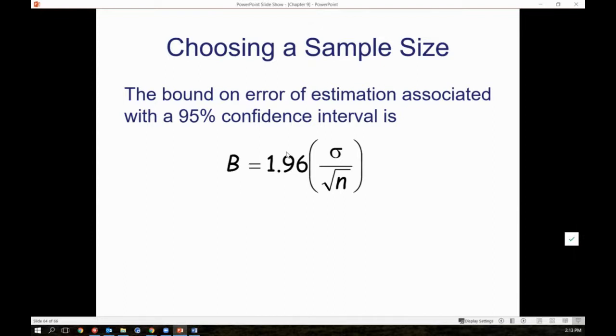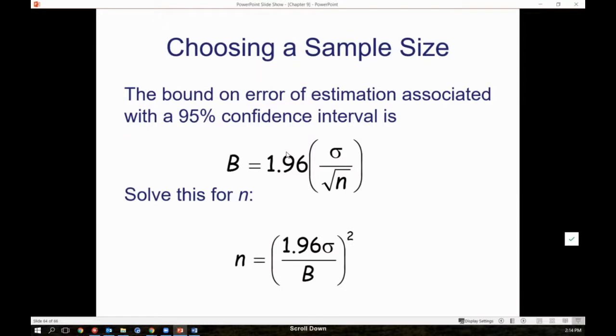So for choosing a sample size, the bound on error of estimation associated with a 95% confidence interval is 1.96 times sigma over the square root of n. If we solve this for n, we get n equals 1.96 sigma divided by b, all squared.